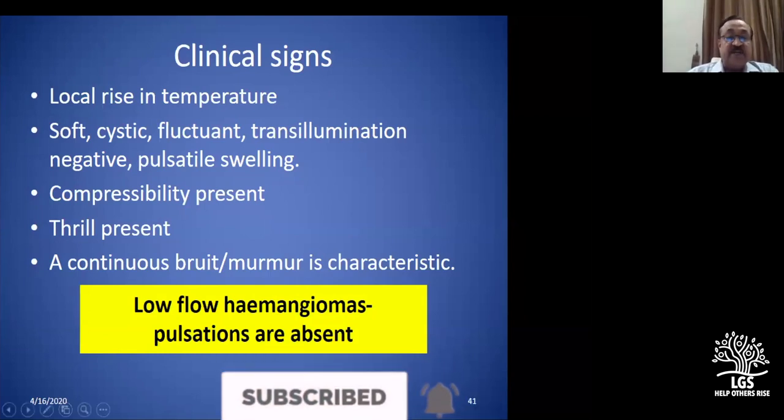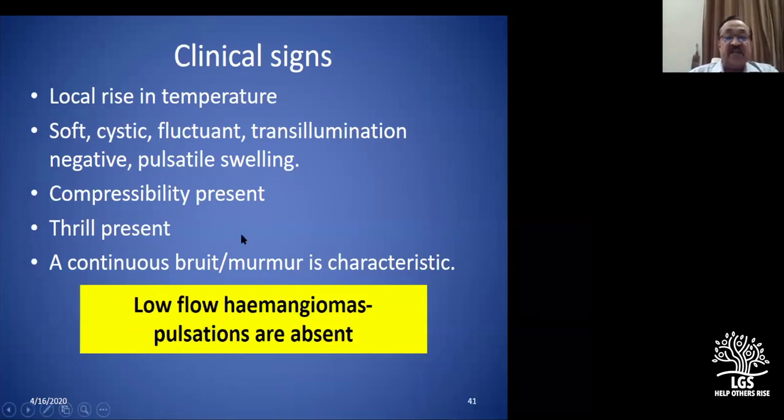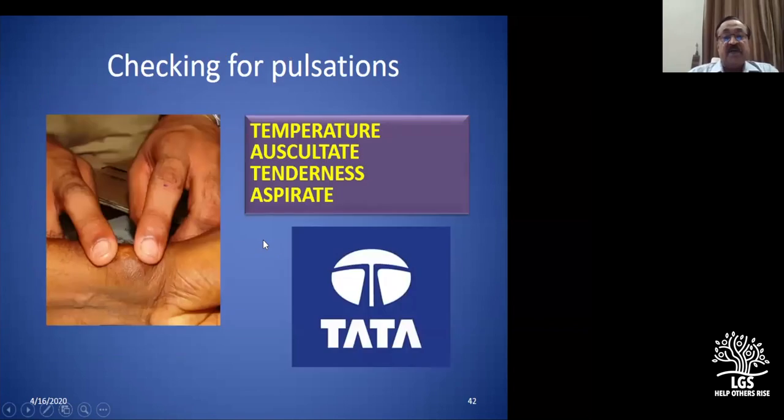The important signs here are compressibility, thrill, and the murmur. So this is a small moral for postgraduates. Whenever you have a pulsatile swelling, always look for temperature and tenderness, auscultate and aspirate before you excise, because what you are dealing with may be a partially ruptured aneurysm or a malformation.